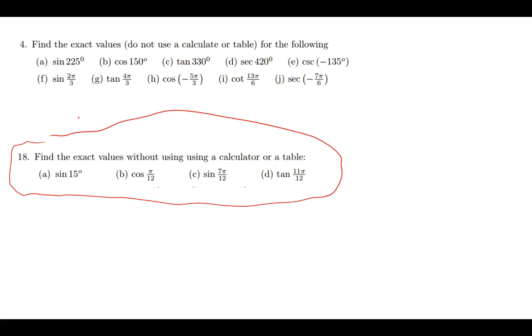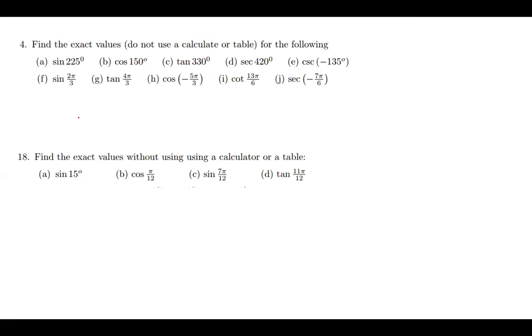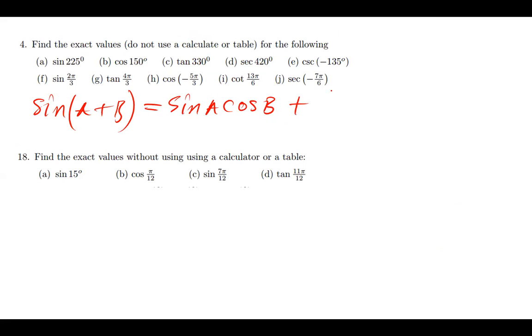Let me just explain here. What I wanted to put is simply that you should understand sine A plus B, compound angles in short. Sine A plus B is equal to sine A cos B plus sine B cos A. So simply just switch the angles.